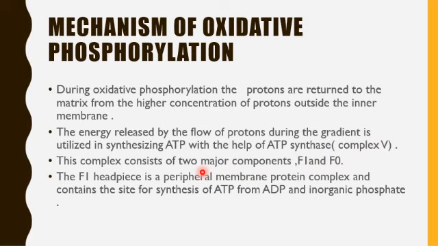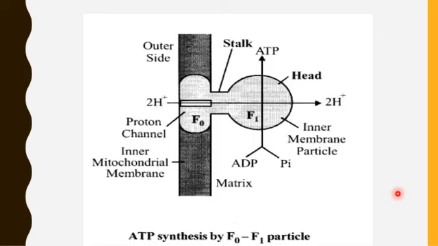This complex consists of two major components, F1 and F0. The F1 headpiece is a peripheral membrane protein complex and contains the site for the synthesis of ATP from ADP and inorganic phosphate. So this is the diagram, a very important diagram. This is your oxysome, that is F0 and F1.